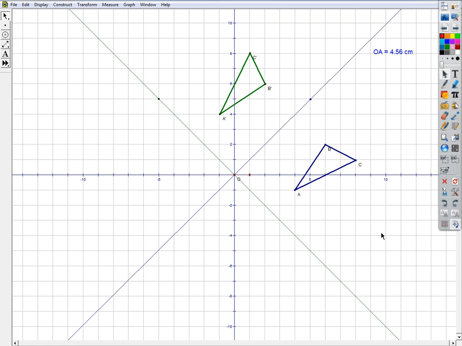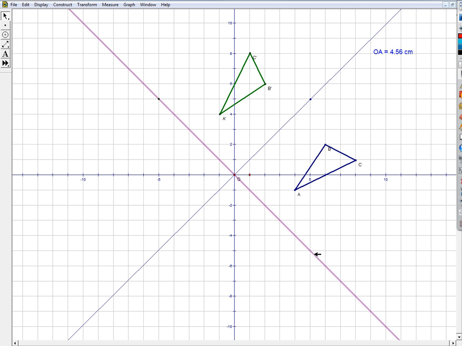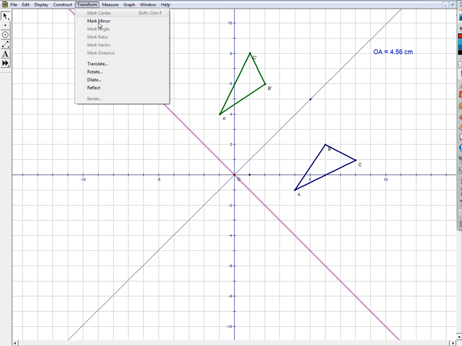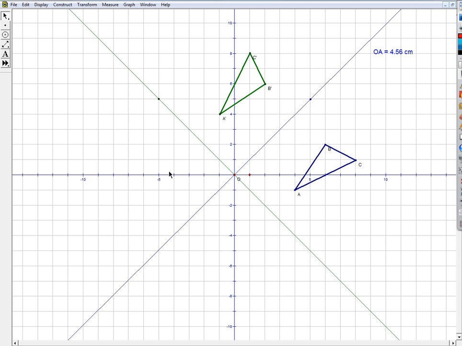Now let's take the green image of the blue pre-image and let's reflect it over the green line. So now I've got to go up here and mark this guy as my new mirror. And let me grab this one and reflect it.